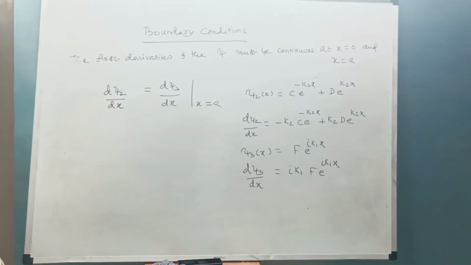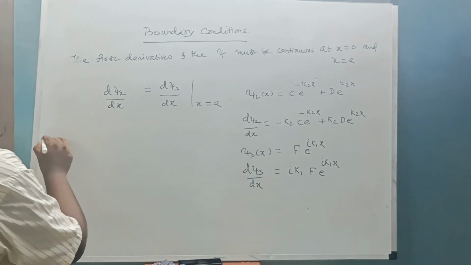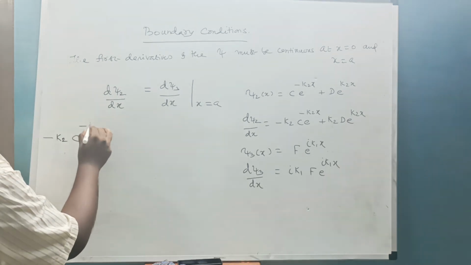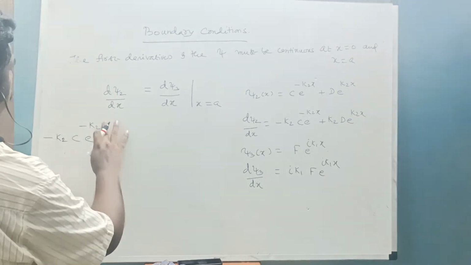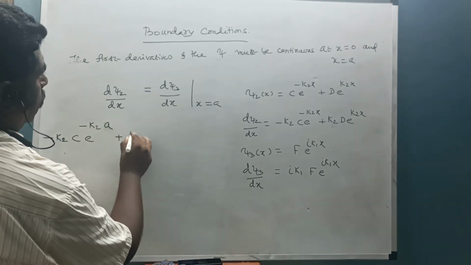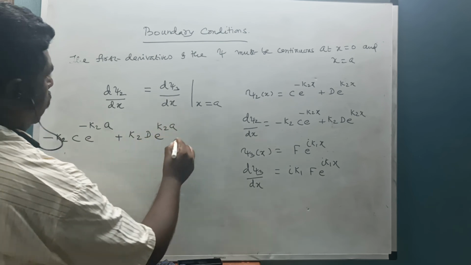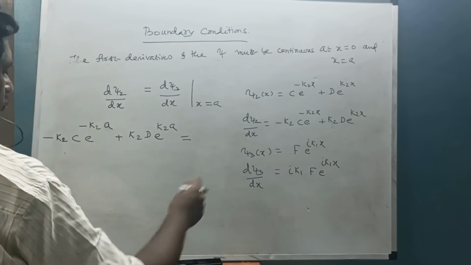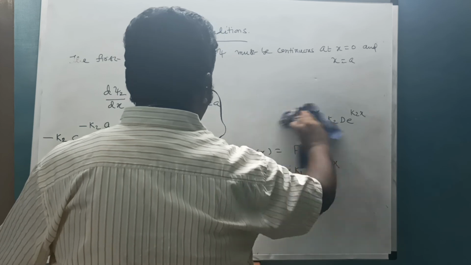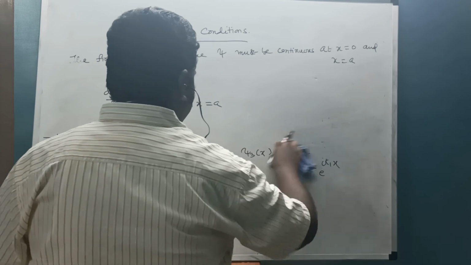Now apply this boundary condition. For d psi 2 by dx at x equal to a, instead of x we put a: minus k2 c e^(-k2a) plus k2 d e^(k2a) equal to d psi 3 by dx at x equal to a.